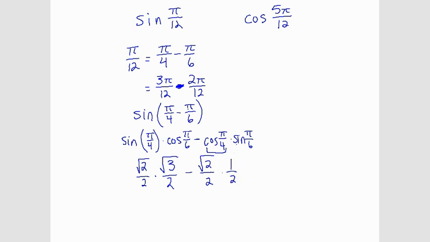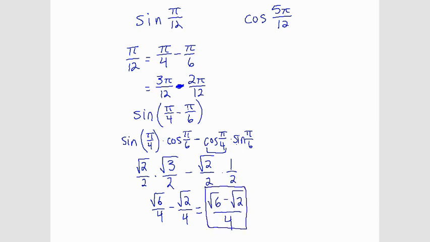And now we can combine these. We get root 6 over 4 minus root 2 over 4. And notice we get a common denominator, so we can write it as root 6 minus root 2 over 4. So we have an exact value for sine pi over 12, okay?